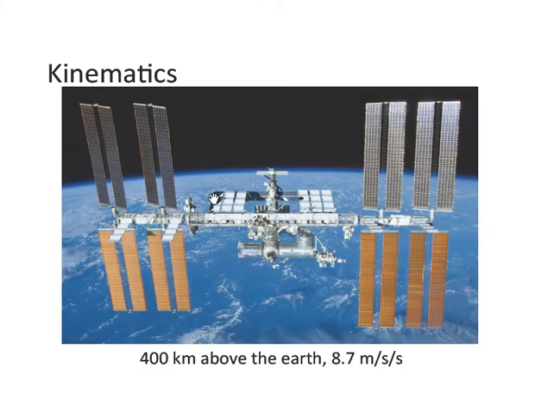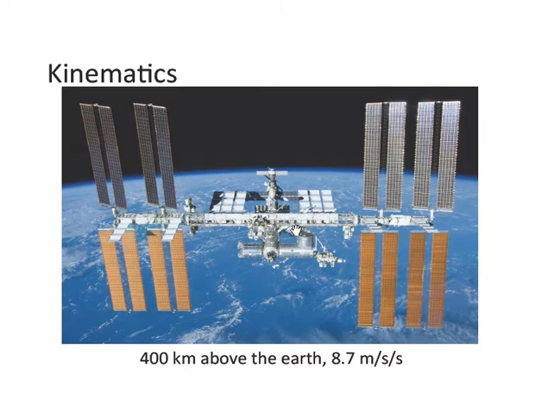Now for the International Space Station, it orbits at around 400 kilometers above the Earth. And the value there is still significant as well. It's not 9.8, but it's 8.7 meters per second squared. It's still significant, the acceleration due to gravity. And again, sometimes you'll see videos of the astronauts on board the International Space Station, and they'll look like they're floating.